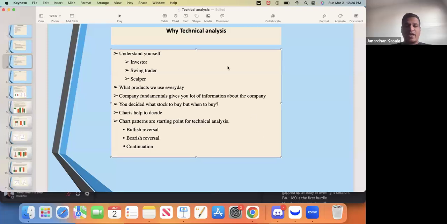So that's where fundamental analysis will help you to pick a stock. So now you know what stock to buy, but if you are a long-term investor, I don't care. Like, I want to buy Apple today, and it's at 240.